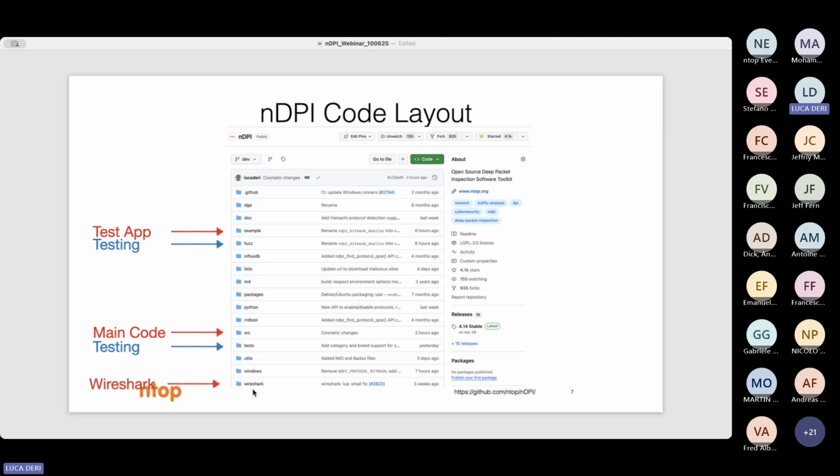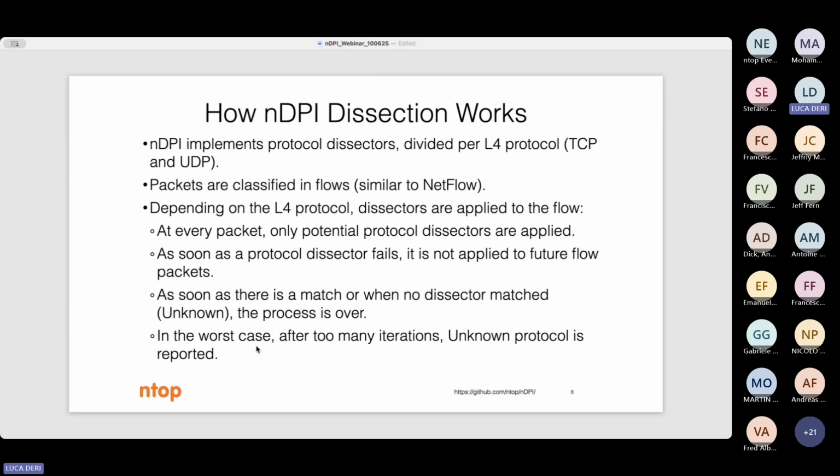For this reason, at the end of this presentation, we'll explain how this happens. But suffice it to know that we have fuzz testing, so the library is constantly fuzzed against random or semi-random input, just to make sure that we don't fail. And we also have several other tests that are executed whenever we commit code to the GitHub repository.